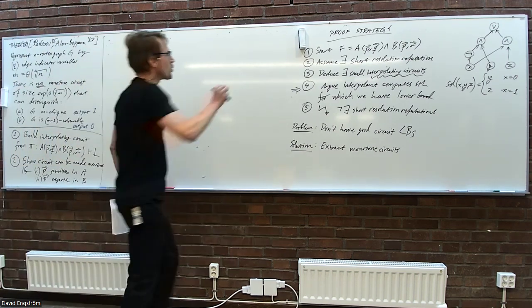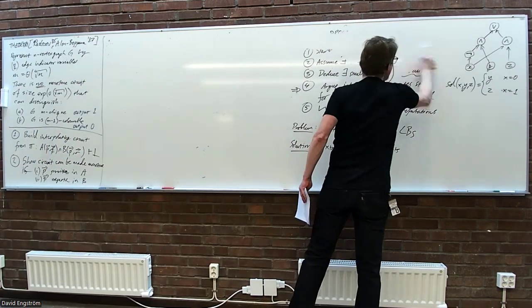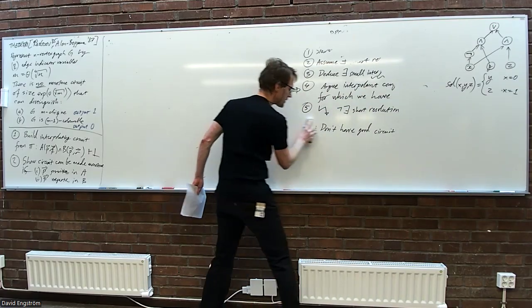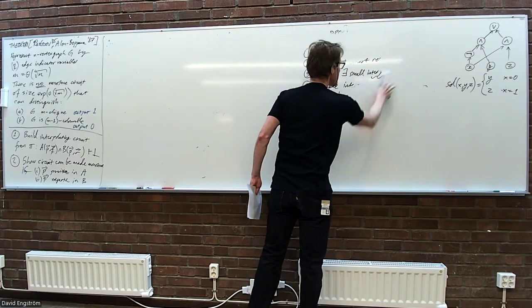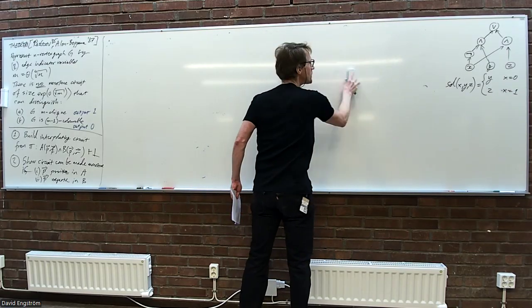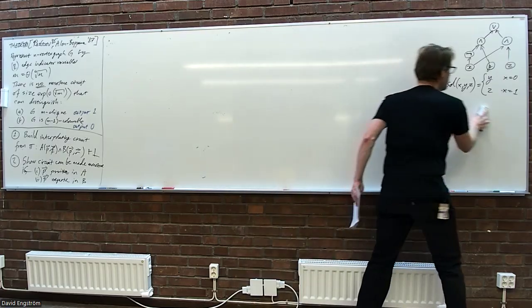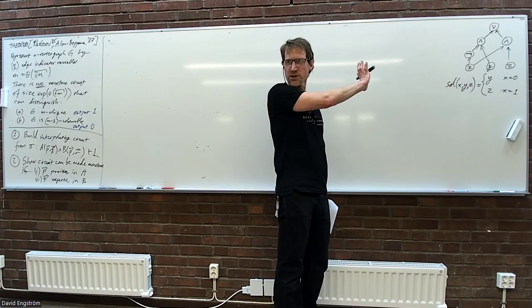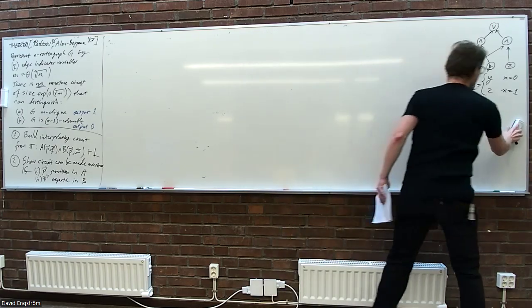So now I want to put the theorem. The theorem is going to be a little bit of a mouthful. Let me see if I can write it over here. Are we happy with the selector function? Yeah. Let's remove the selector function.